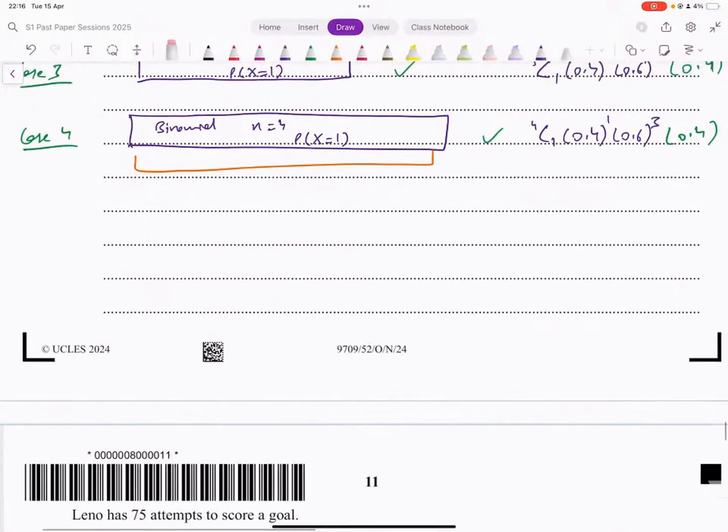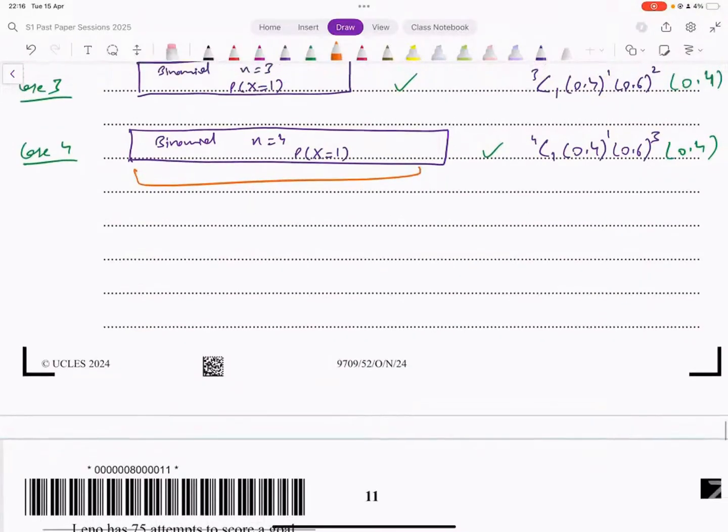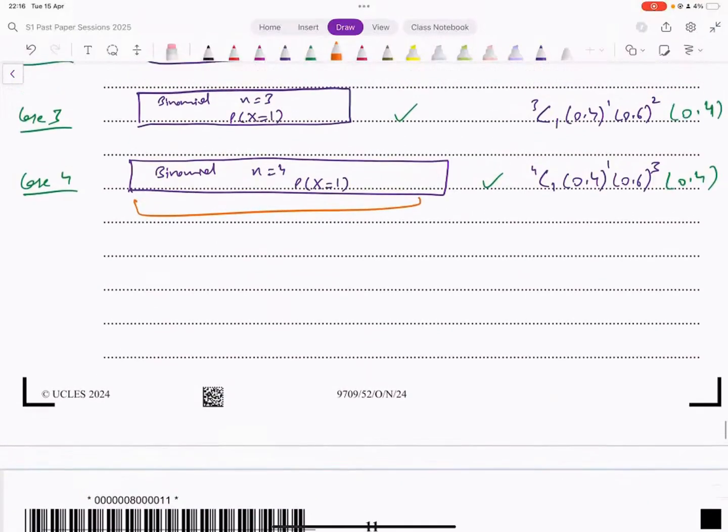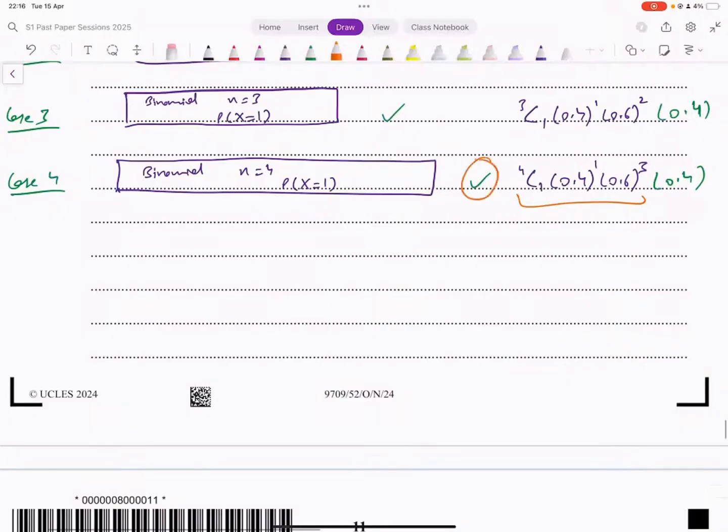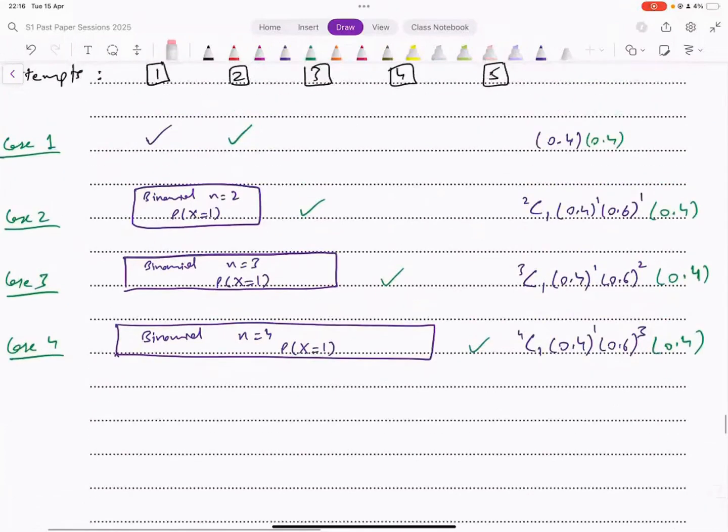So for the first 4, we are repeating something 4 times. What's the probability of getting one success out of those 4? So for the first 4 attempts, we use binomial in this last case. And then we multiply the probability of success in the 5th attempt, that's 0.4. And that gives us the probability for the last case. And similarly, for the other cases as well.